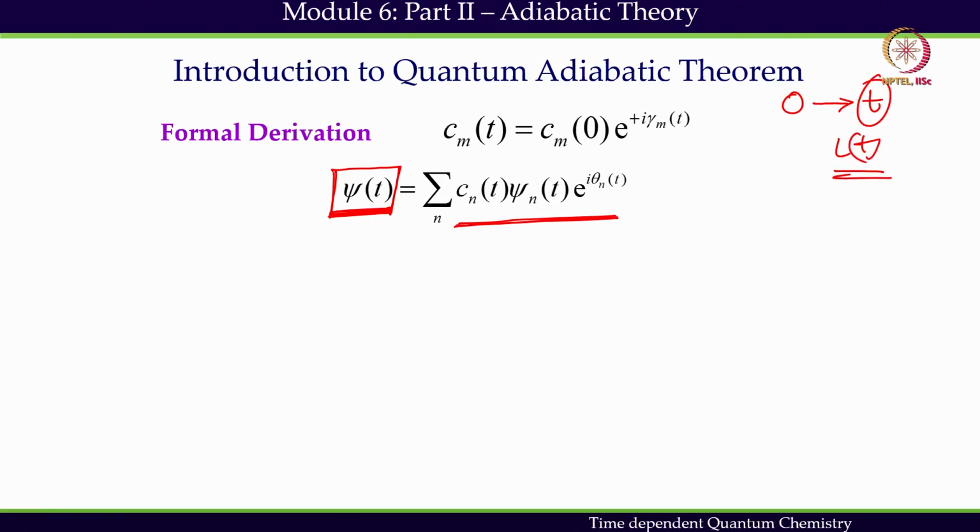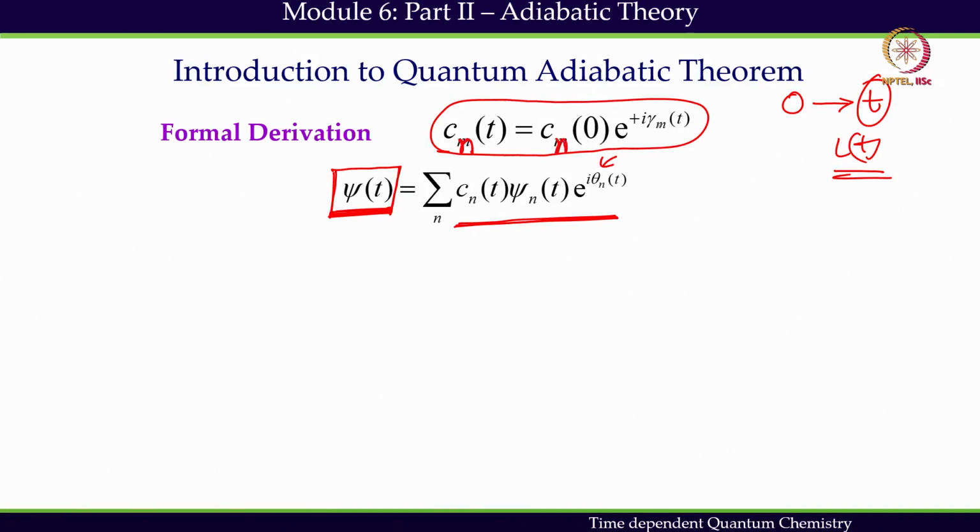And that depends on this particular phase factor which we have seen already, and now Cn has a particular value. Now this part is for any m state, so this can also be converted to any n state.